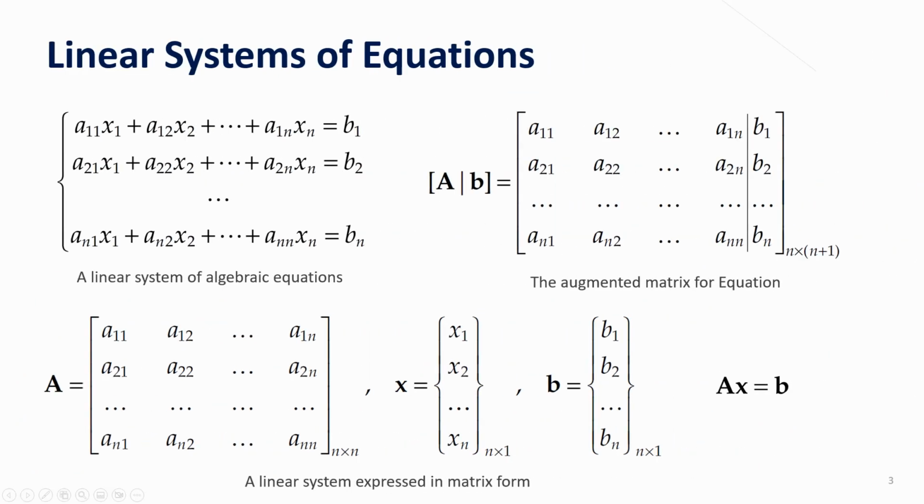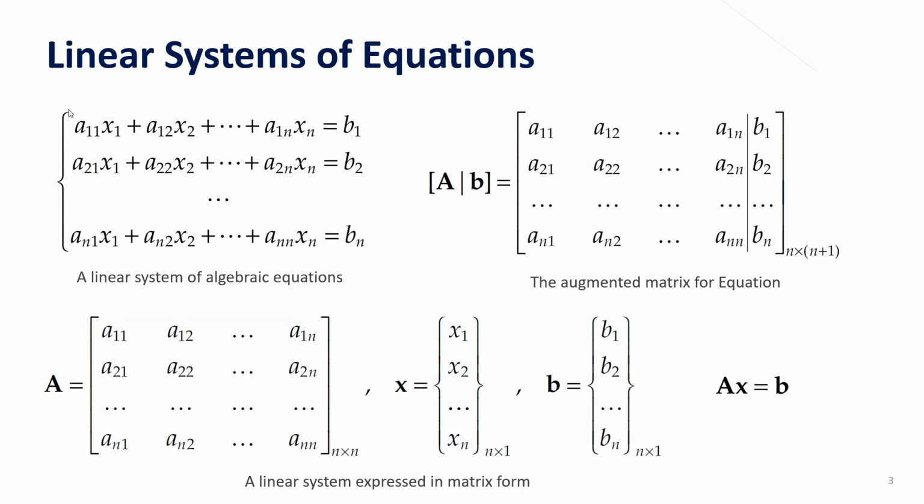Okay, first of all, when we talk about linear system of equations, normally it is represented in algebraic equations in which there are n unknown variables such as x1, x2, x3 until xn, and then we will have constants which can be represented in notations like A11.